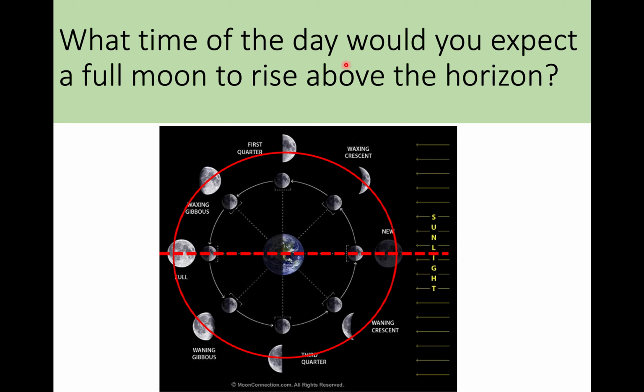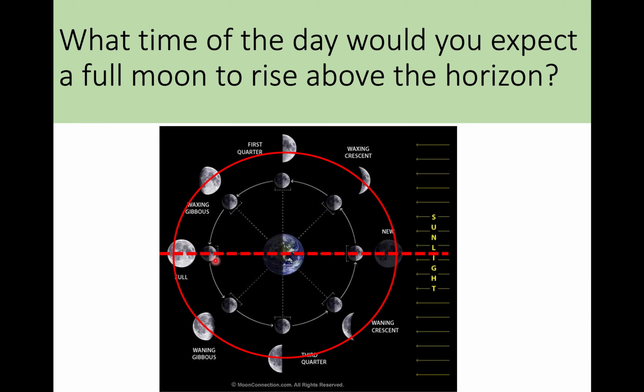So this question says, what time of day would you expect a full moon to rise above the horizon? I would expect a full moon to rise above the horizon exactly at sunset, when the sun is setting, because they're exactly opposite each other on the celestial sphere. So as the sun sets, the moon will rise when we're in the full moon phase, because they're opposite each other on the celestial sphere.